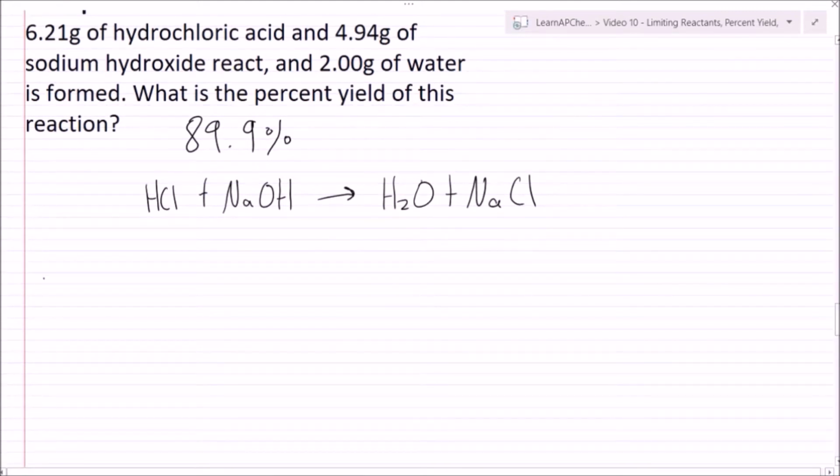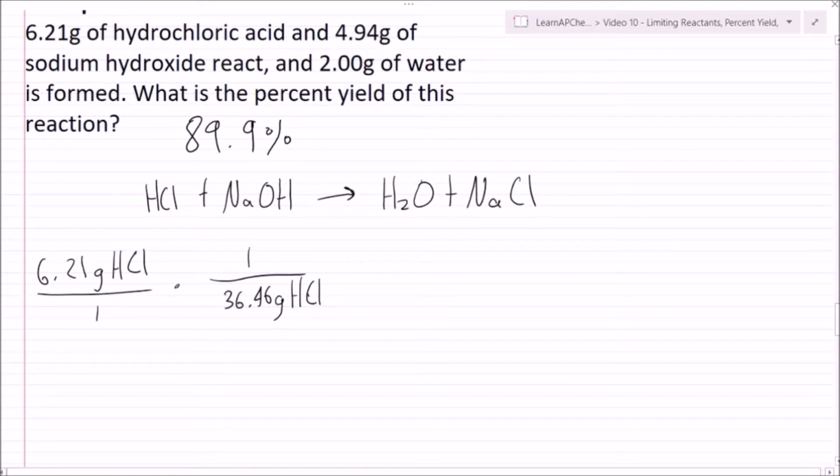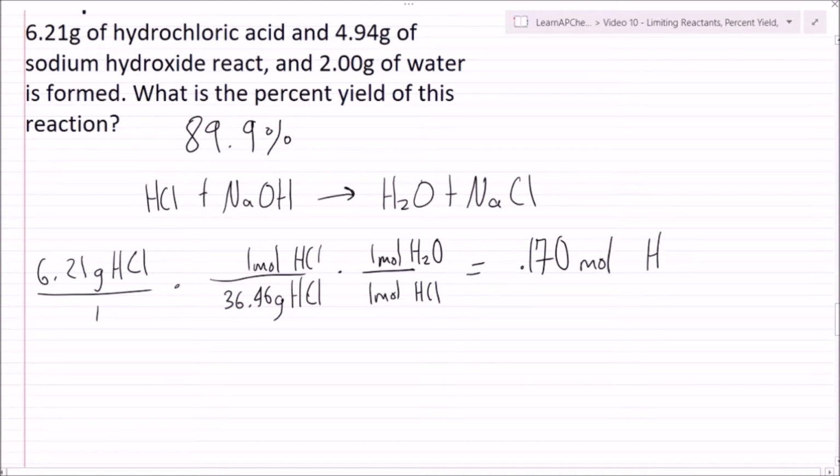Next, let's take our HCl and pretend that it reacts 100% to form whatever moles of water. So we'll do that. Our molar mass of HCl is 36.46. And then we have 1 mole of HCl per 1 mole of water. Here we're going to end up with 0.170 moles of H2O.